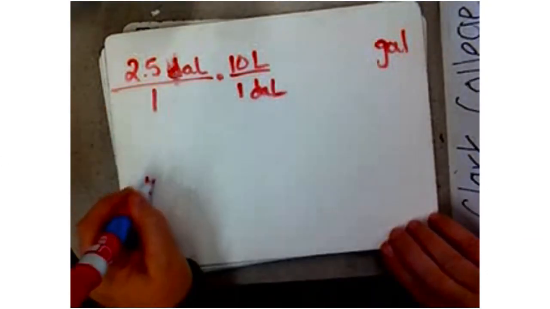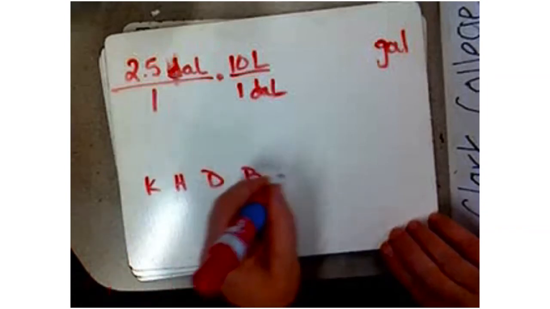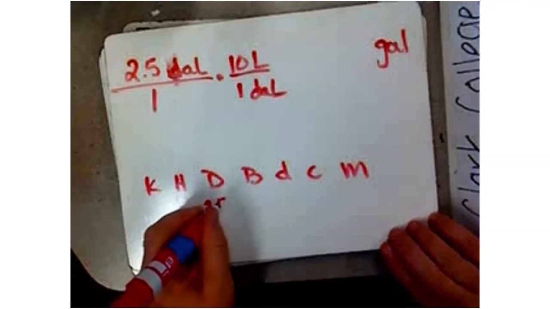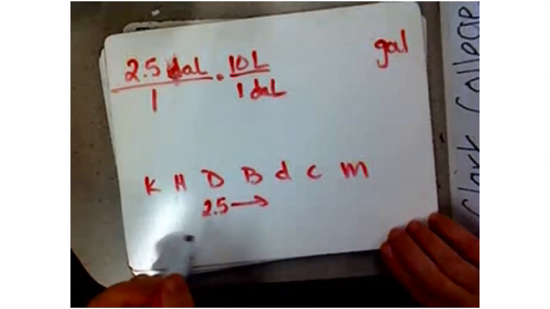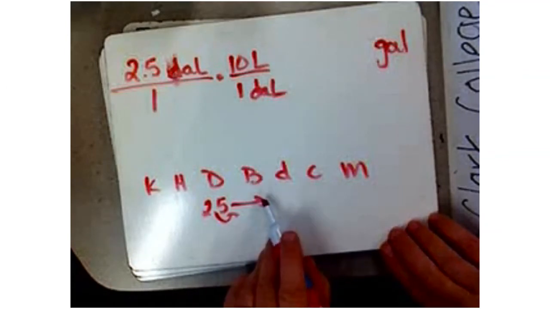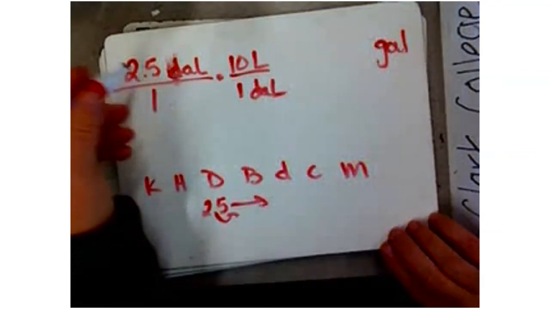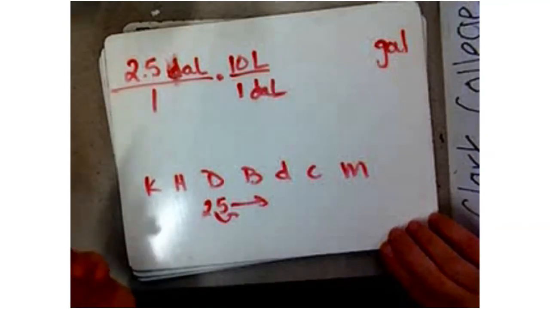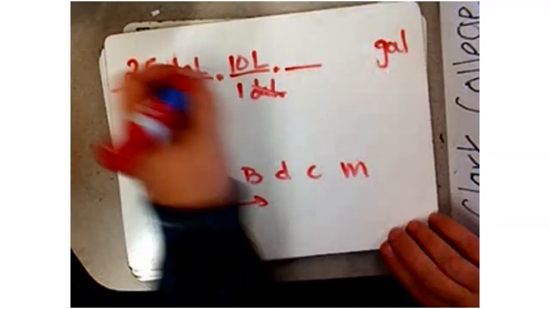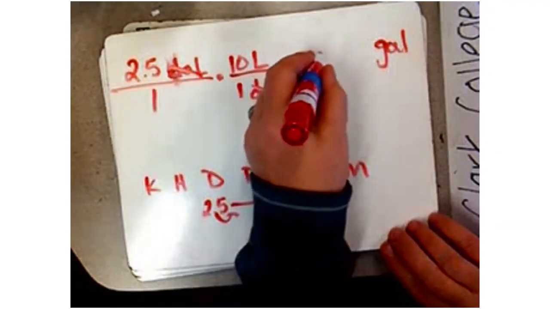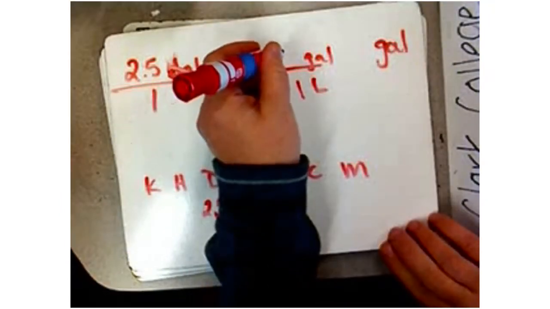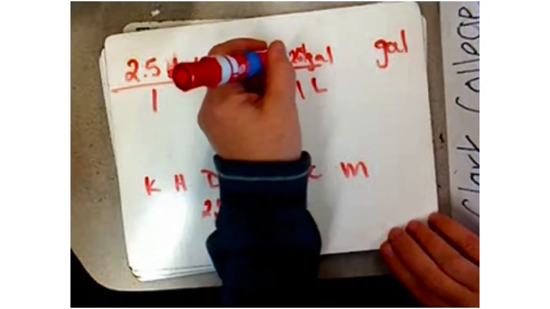Or you could do your King Henry Died By Drinking Chocolate Milk chart, right? You have decaliters at 2.5, and you want to get to liters, so you move the decimal over 1 place to the right to get to that base unit. So we're going to have 25 liters. And then you have a bridge that would change liters to gallons, and you look at your chart, and 1 liter is approximately 0.264 gallons.